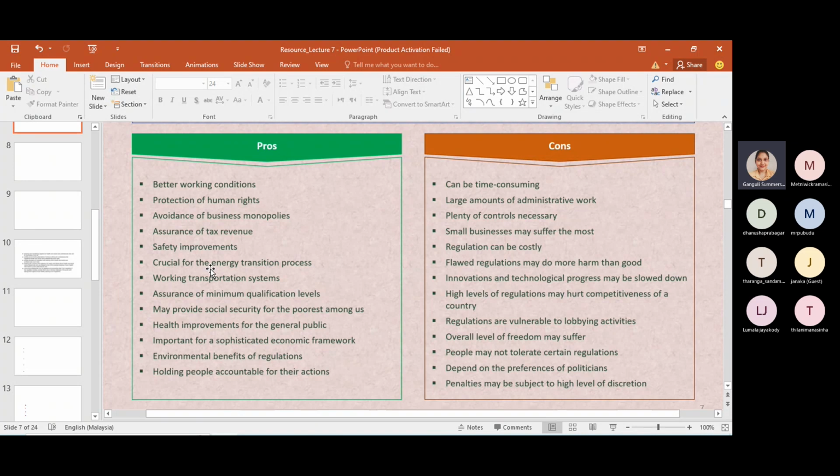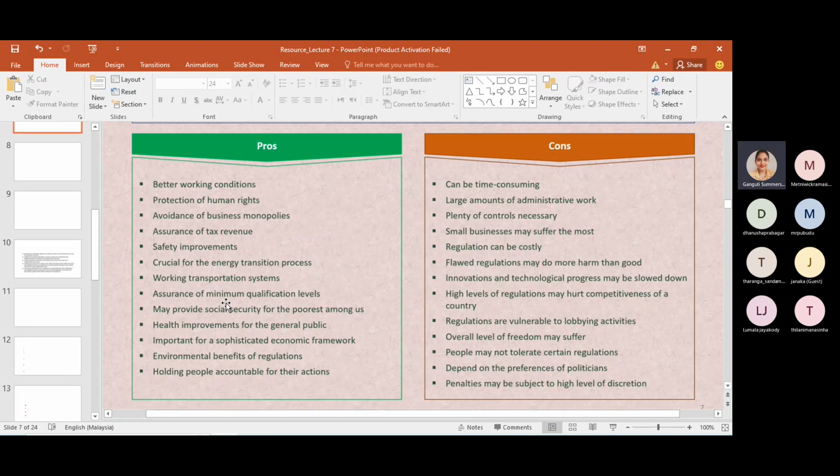The safety of the workplace is improved because of the regulation process, and there are minimum qualification levels of the people. When you are hiring people to your workplace, they should have a minimum qualification level for the jobs they have applied for, right? Even when you're applying for a job, the job advertisement mentions the minimum qualification level you should have to be eligible for this job.